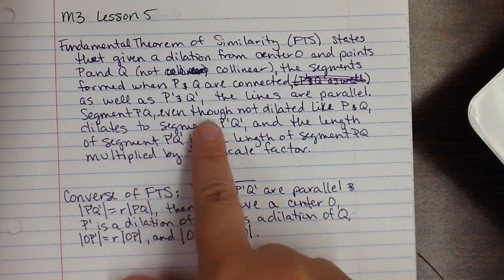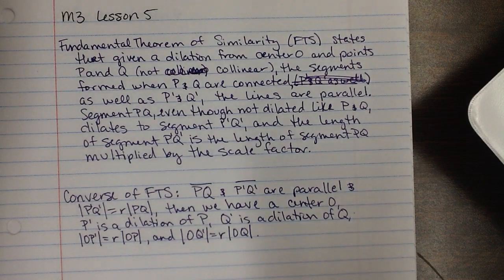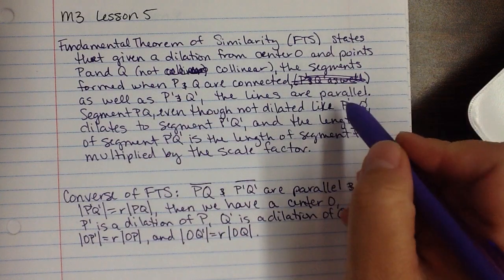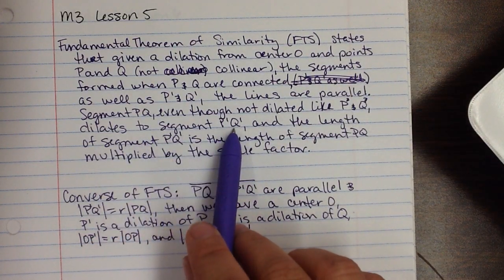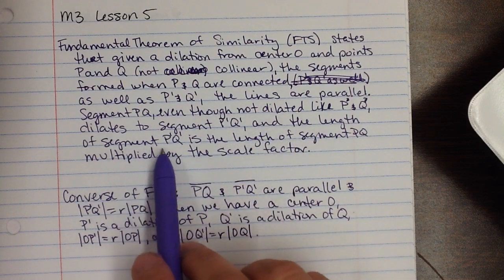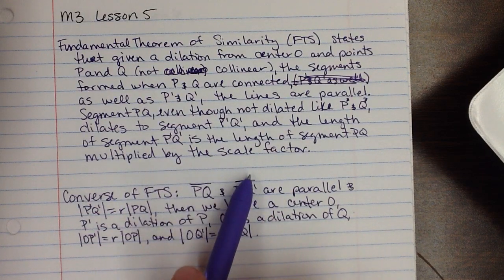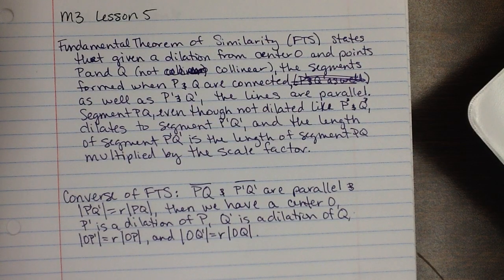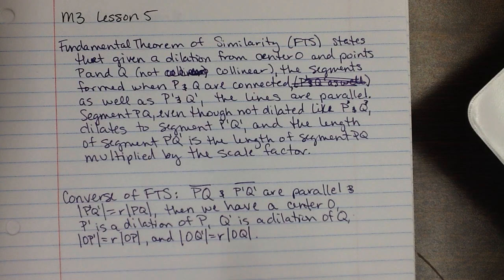Segment PQ dilates to segment P prime Q prime, and the length of the segment P prime Q prime is the length of the segment PQ multiplied by the scale factor. So essentially all that's saying is that when you dilate points and connect the lines, the line segments that are made are also dilated by the scale factor.